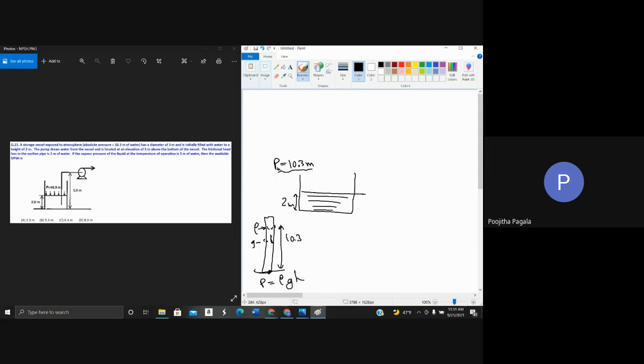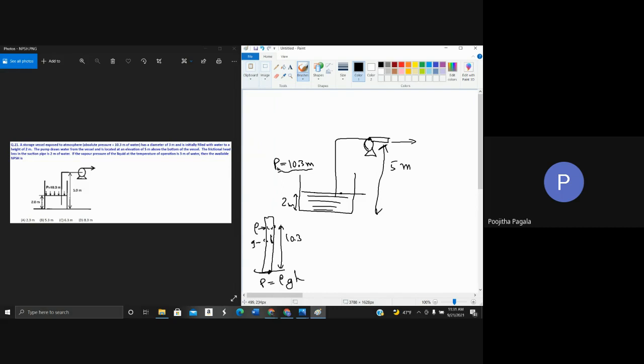And then you have a pump, and this is 5 meters. So if this is 5 meters and this is 2 meters from the free surface, let us apply Bernoulli's equation now.